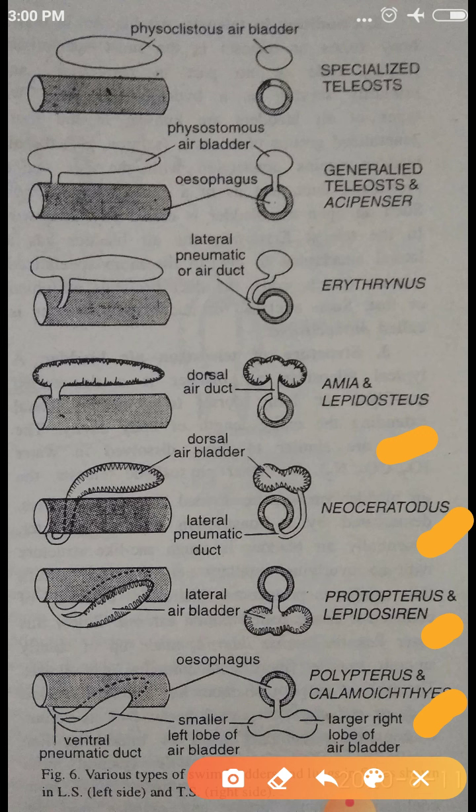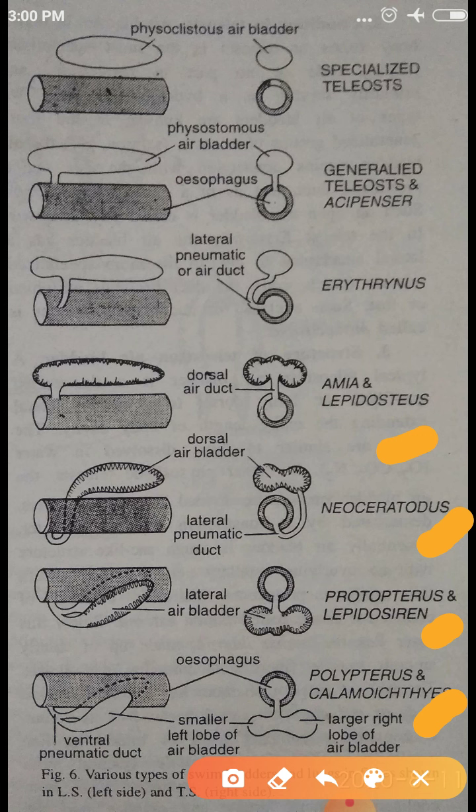Then next, the condition in the teleost fishes. The air bladder in higher bony fishes or teleosts is the most specialized, playing little or no part in respiration and primarily serving as a hydrostatic organ. Two types of air bladder are known.